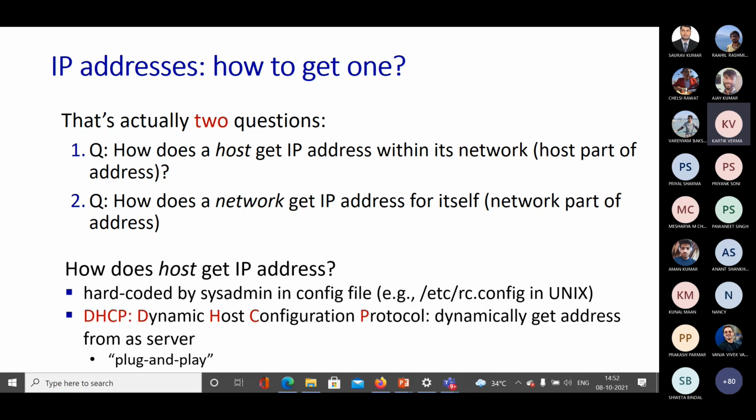Okay, the first question, how does a host get an IP address within its network? That is answered by DHCP. Now there are two options given here. One is hard coded by sysadmin in a config file.